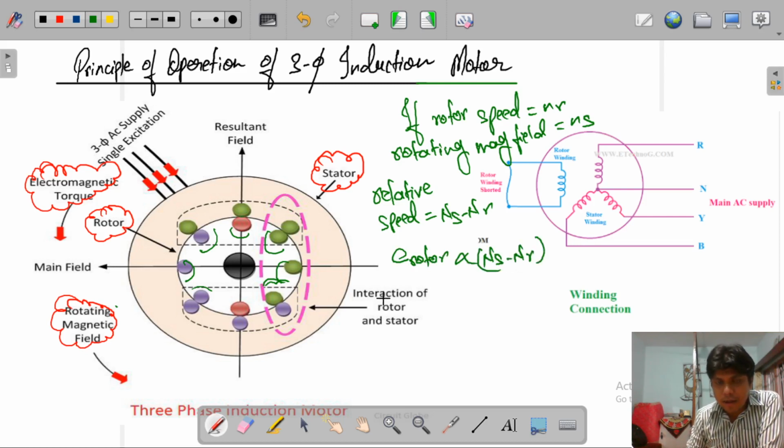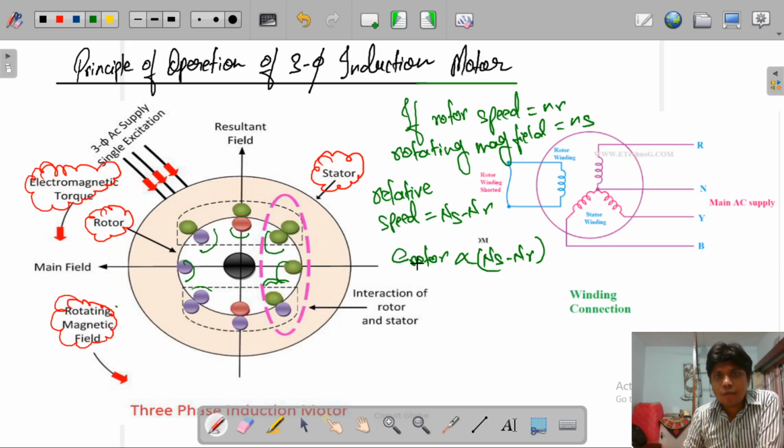So the current and power will also be proportional to the relative speed of the rotating magnetic field and rotor. Is that clear?